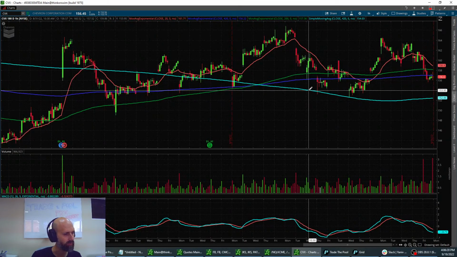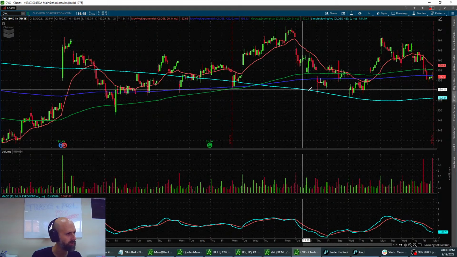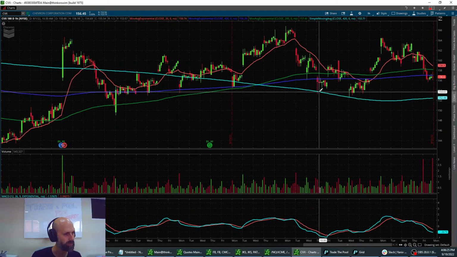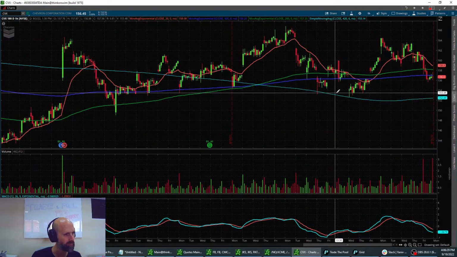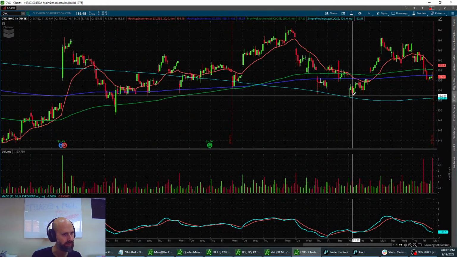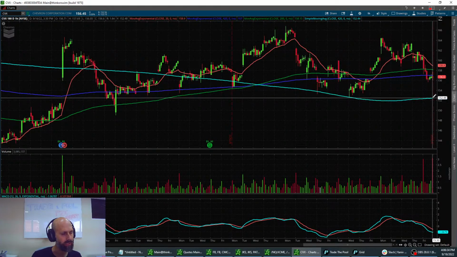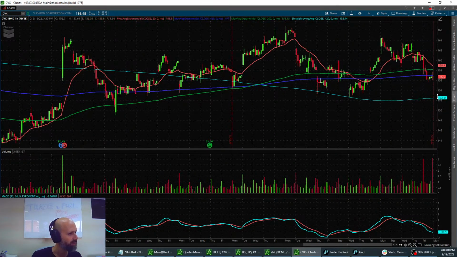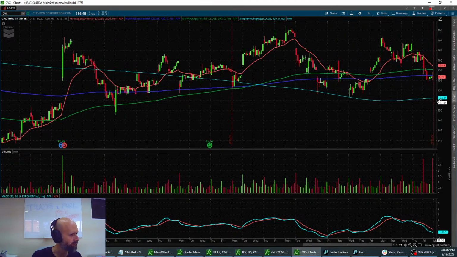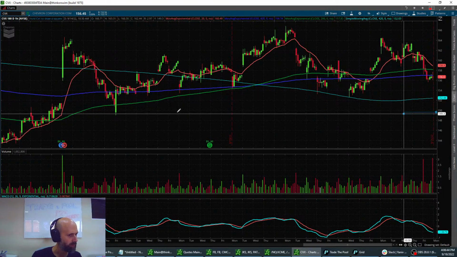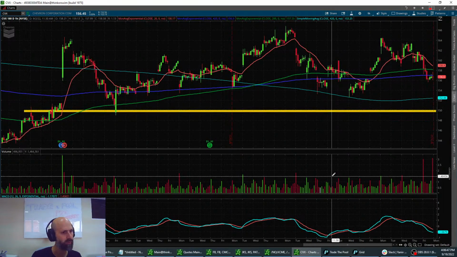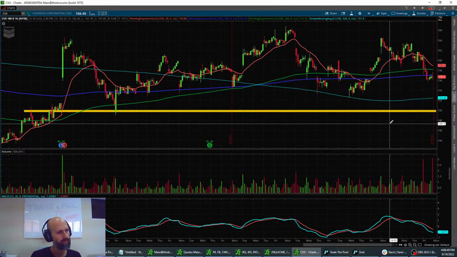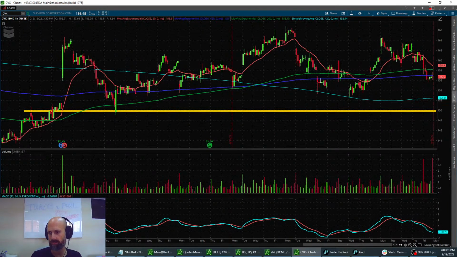Look at this turquoise color right here. That's the 420 EMA, it held perfectly as support one time and also the second time. If we reach that, we should expect another support from the 420 EMA. And if we break through it, we can easily see a drop to the 150. So watch also CVX.